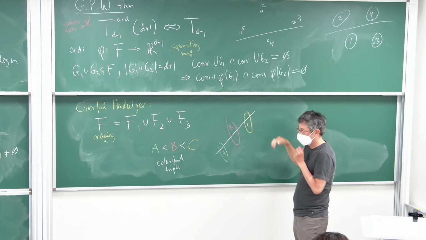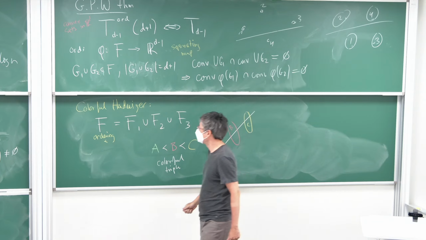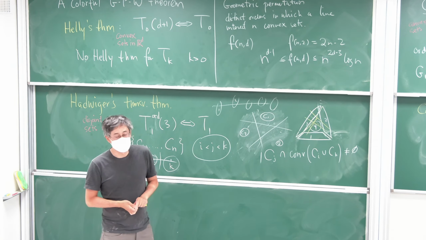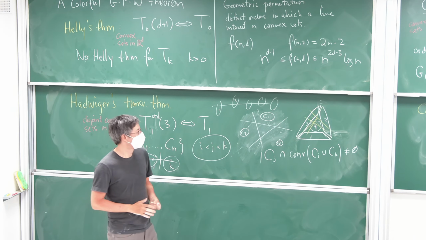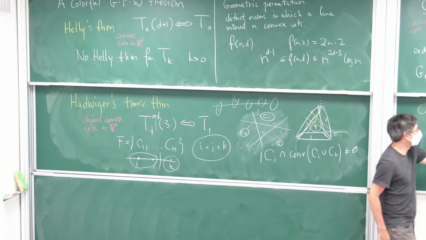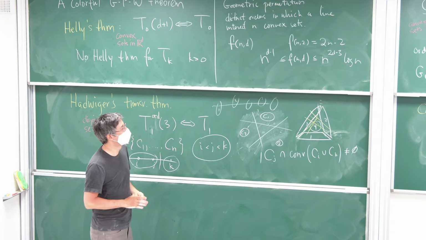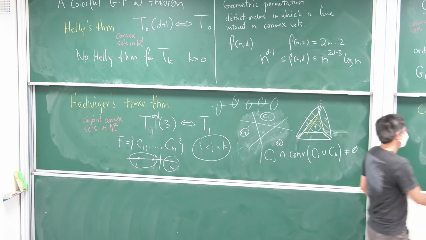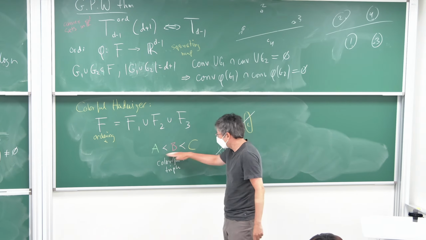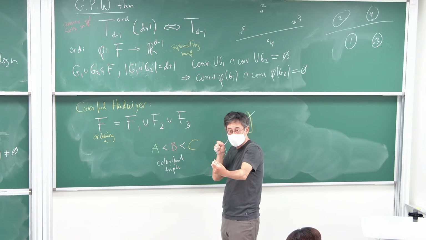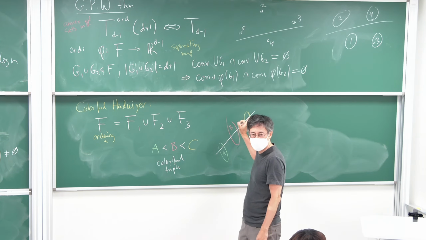So in particular, the ordering of F has nothing really to do with it. It doesn't say that F1 is all smaller than F2. Or you could even put F1 equals F2, copies of the same one. Then you recover original Hadwiger, right? So basically, you look at any tri-colored family, any 3 distinct colors, you look at their order, there should be a line that intersects them in that order.